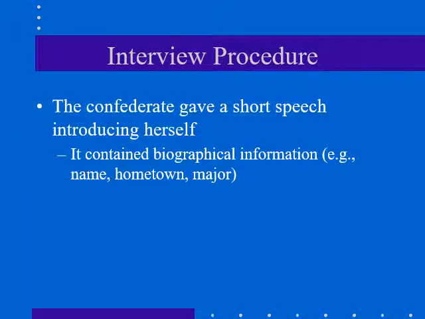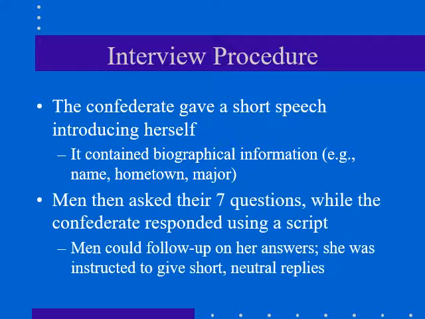So during the interview, the Confederate first gave a short speech introducing herself. That will be important for a different measure down the road. She talked about her biographical information, which included things like her name, where she came from, what her major was, what year she was thinking she would graduate.